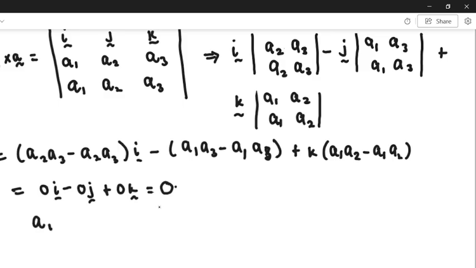We have that i cross i is equal to j cross j is equal to k cross k is equal to 0. The other properties are quite easy and can easily be followed through. That's why we have left them out.